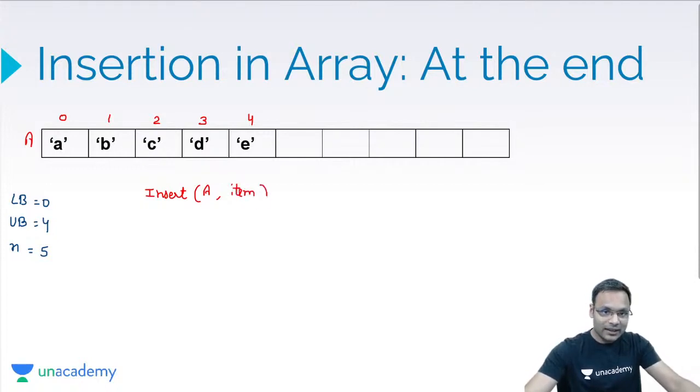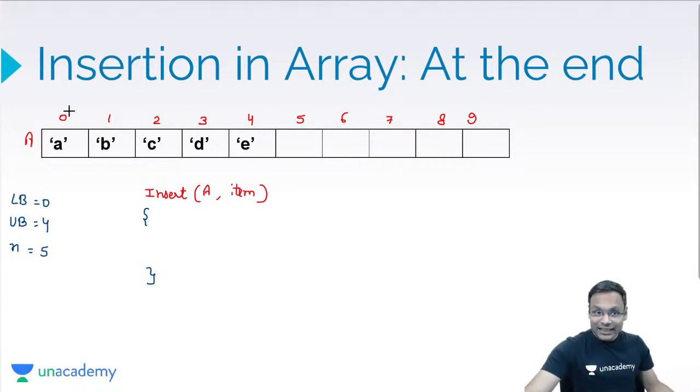Now what are we supposed to do? It's very, very simple. Look at this. I will have to check, suppose the array has total indices 5, 6, 7, 8 and 9. The last index of the array is 9. That is the max limit, the actual upper bound of the declared array.